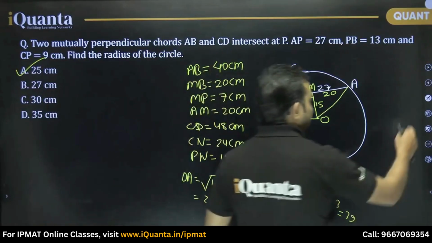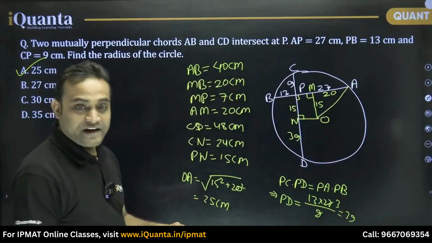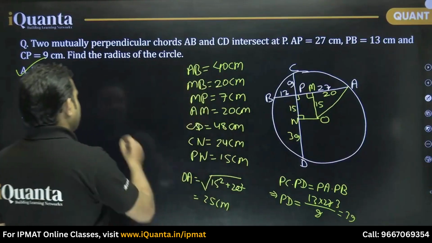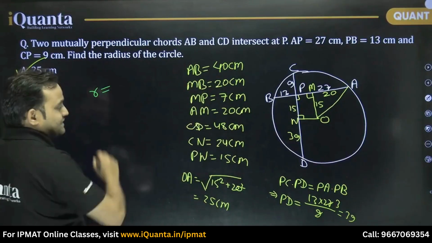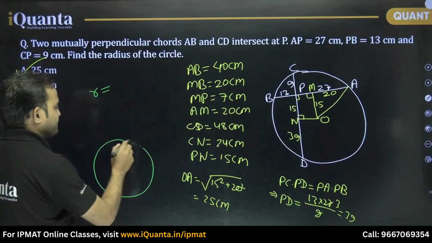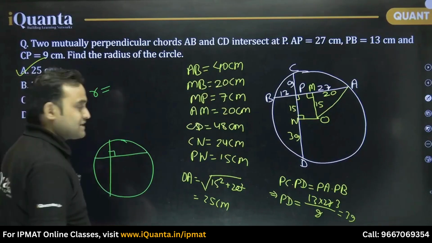But there is a but. What is that but? You can find the radius directly if these 4 lengths are given. Let's say that in a circle, two chords are intersecting each other at 90 degrees.